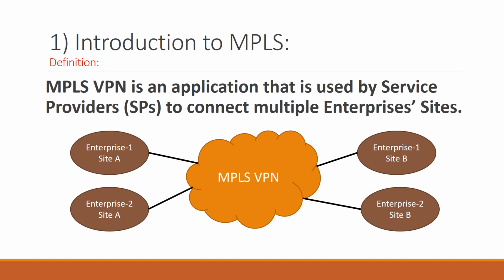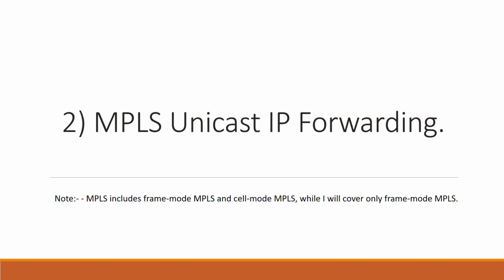So we use MPLS for studying its meaning as a routing technique. Then as an application, we will discuss MPLS VPN, and I will demonstrate it in another video. So we will discuss in this video only MPLS Unicast IP forwarding.